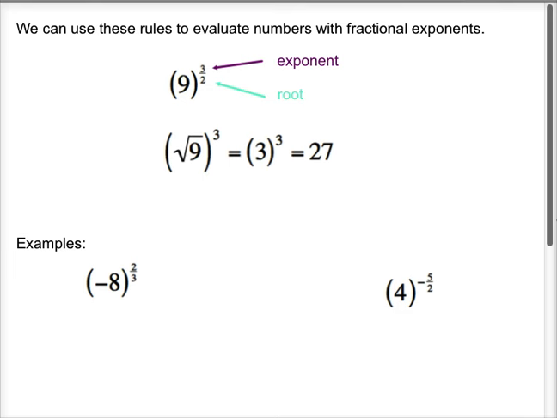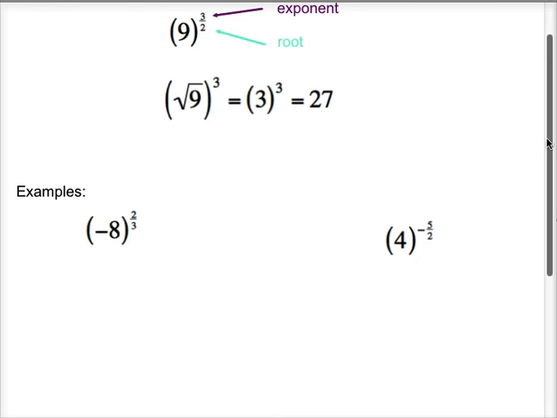So I have one example already done for you to look at, and then I have some examples to do with you. All right, let's take a look at this. So we have a root of 3. So that means I'm going to have a cube root, and then I'm going to have my exponent.